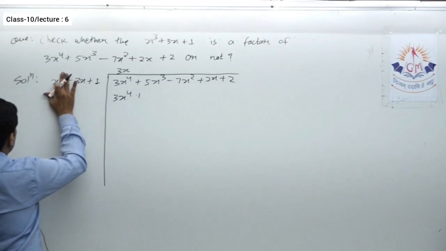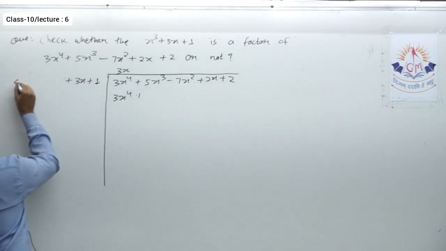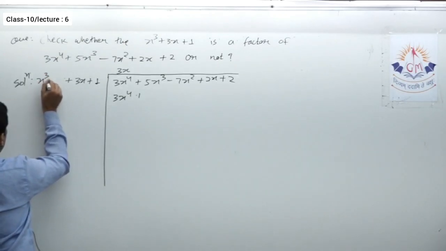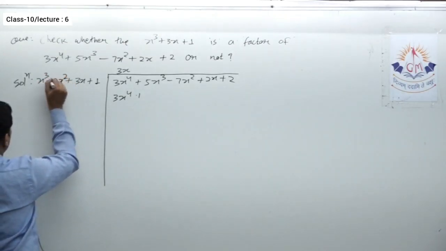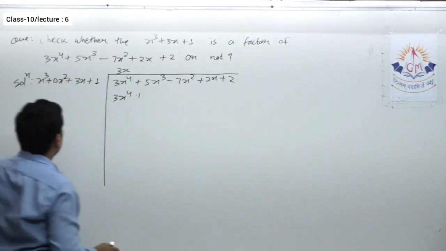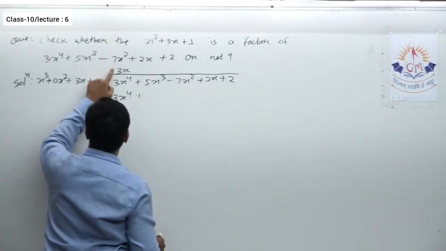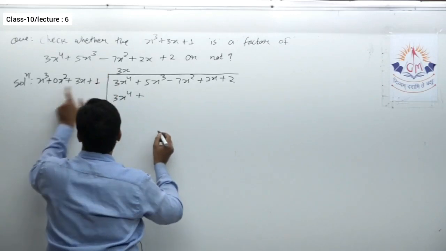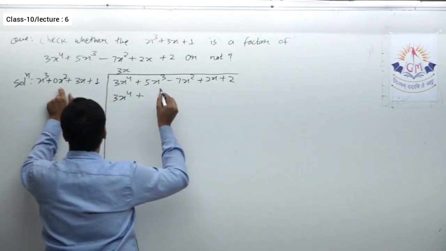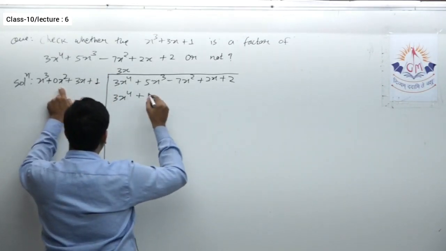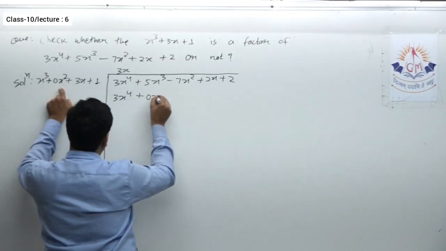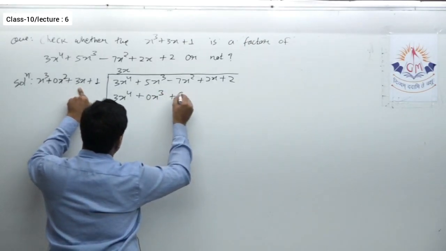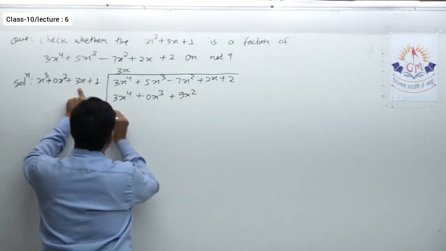So instead of this, it is better to start with x cube plus 0x square. Now 3x into x cube is 3x raised to 4. Now 3x multiplied by 0x square is 0x cube, then 9x square.